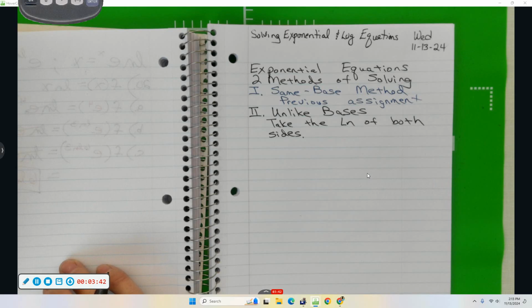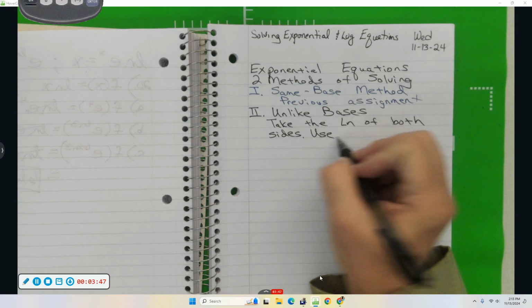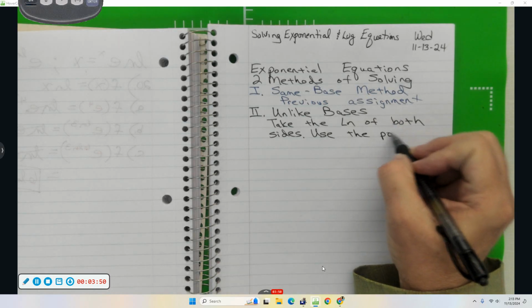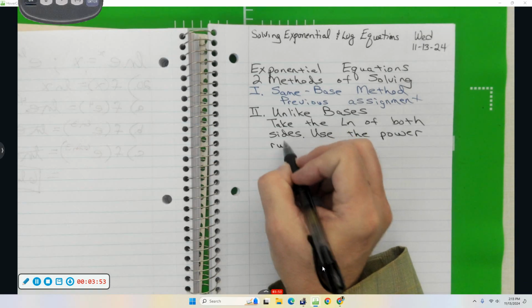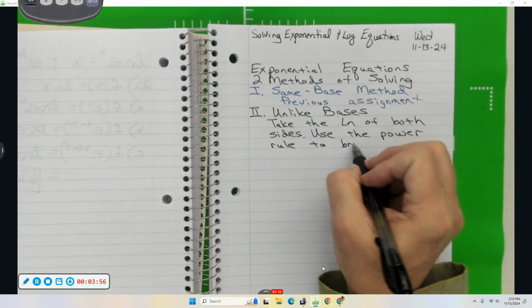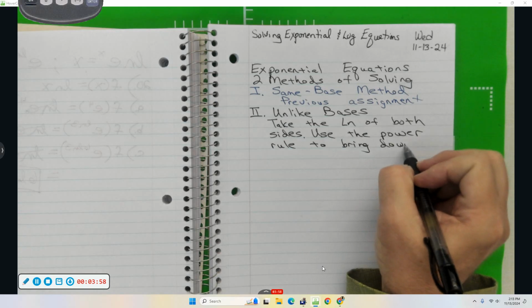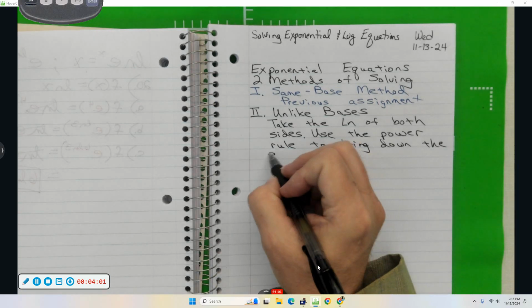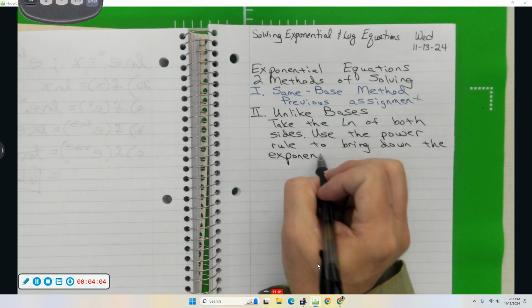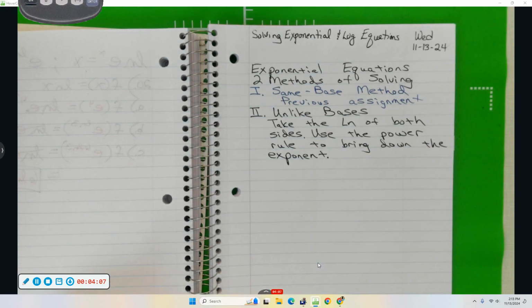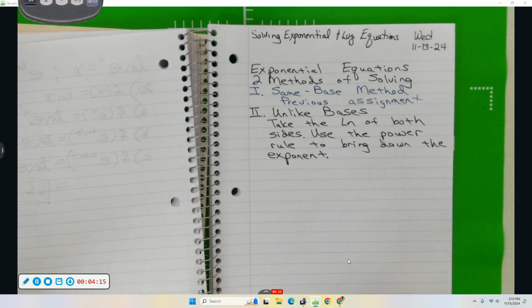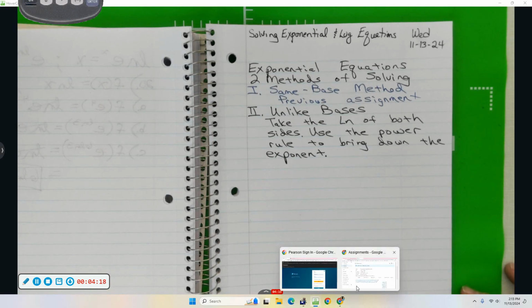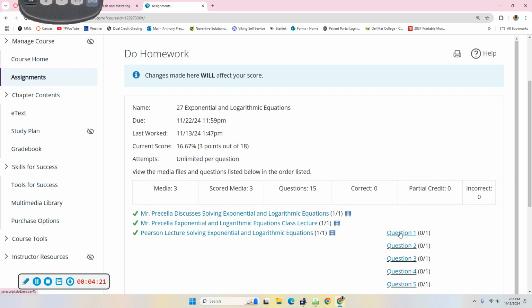You have an exponential expression and a logarithmic expression that you can then use the power rule to bring down the exponent. Once you bring down that exponent, you'll just have to use your algebraic skills to solve for x. But to illustrate, let's look at number 1.